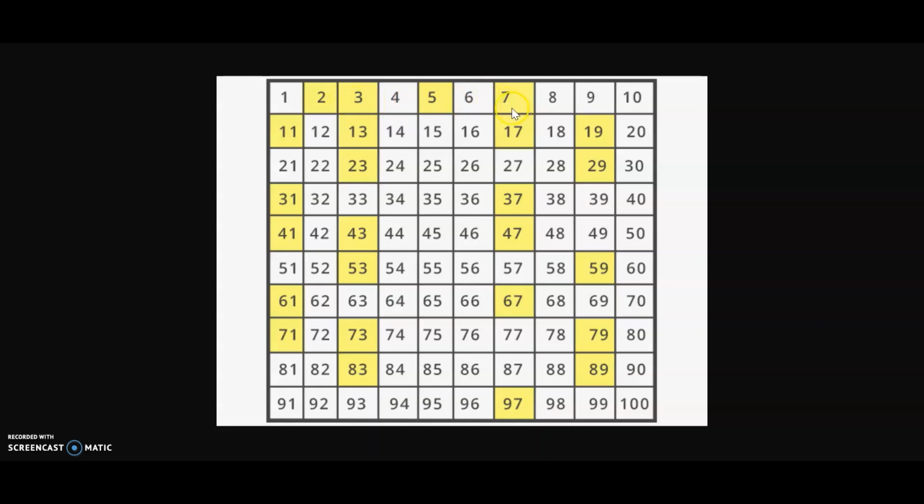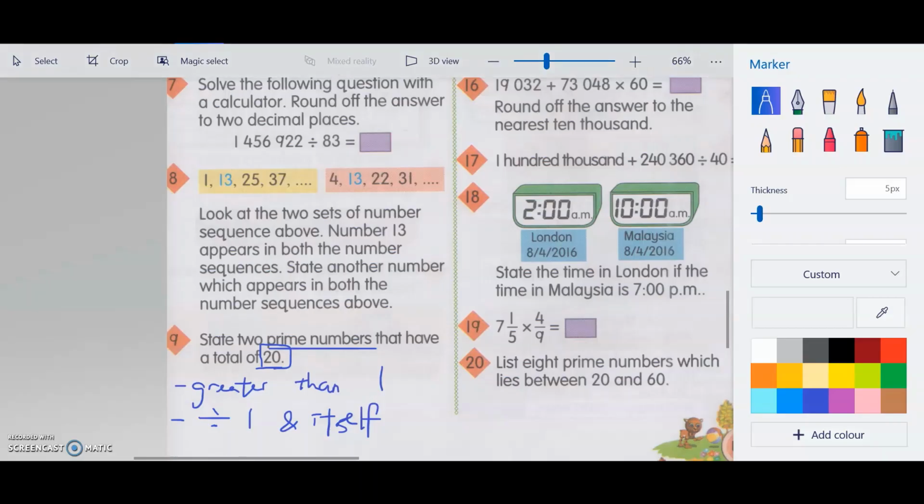You can choose 7 and 13, right? 7 plus 13 is 20. Or you can also choose 17 and 3. 17 and 3 is also 20. So it's either 13 and 7 or 17 and 3.